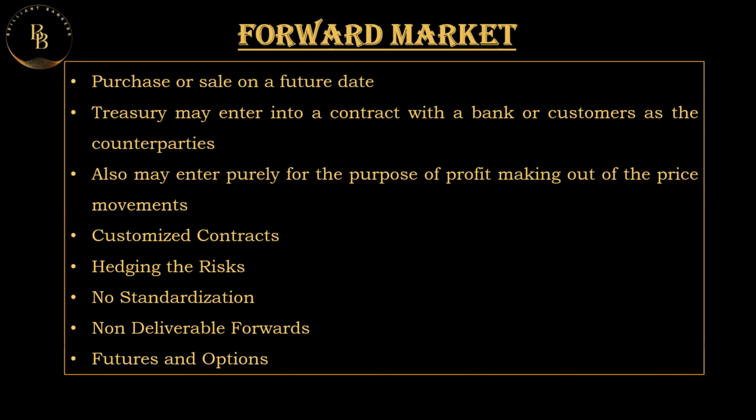Coming to the futures and options, they have standardized contracts. Future contracts are standardized, as not in the case of the forward market. They are standardized agreements to buy or sell an asset at a future date and at a predetermined price, traded on organized exchanges, which I mentioned as BSE and NSE.